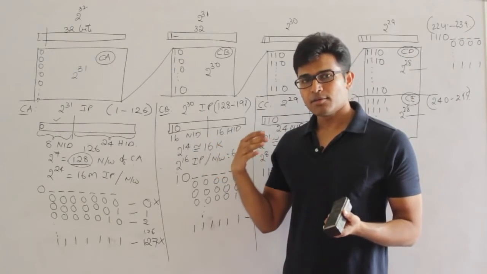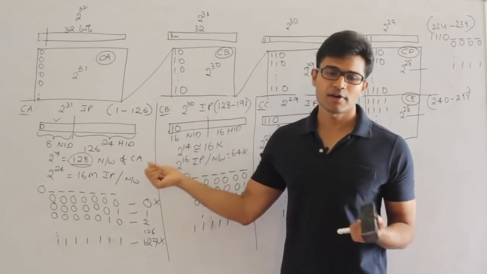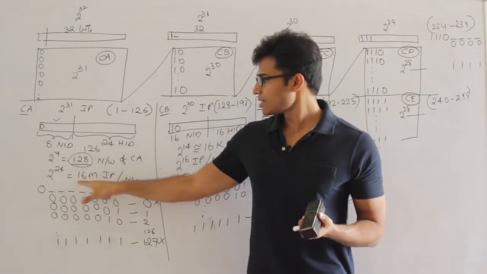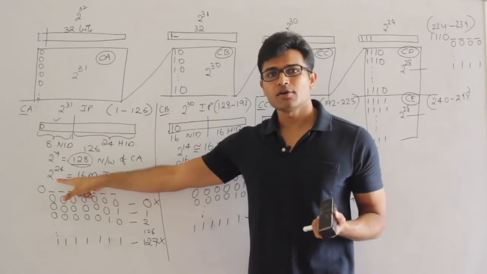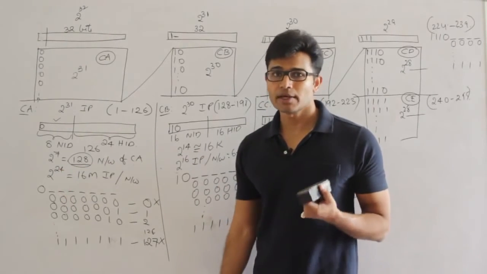Therefore the number of hosts that can be configured is always two less than the number of IP addresses present. In this case, even though you have 16 million IP addresses, which means 2 power 24, practically you cannot configure 2 power 24 hosts. You can only configure 2 power 24 minus 2.